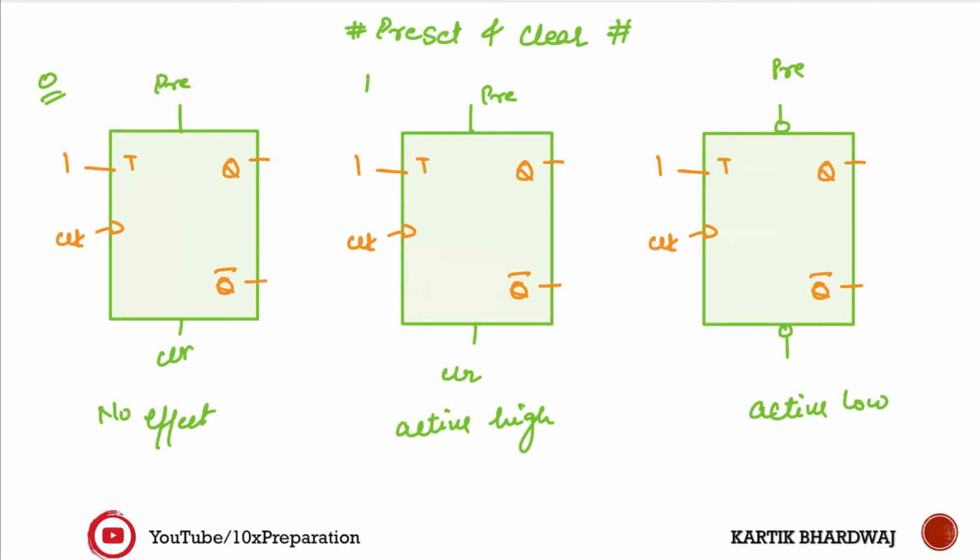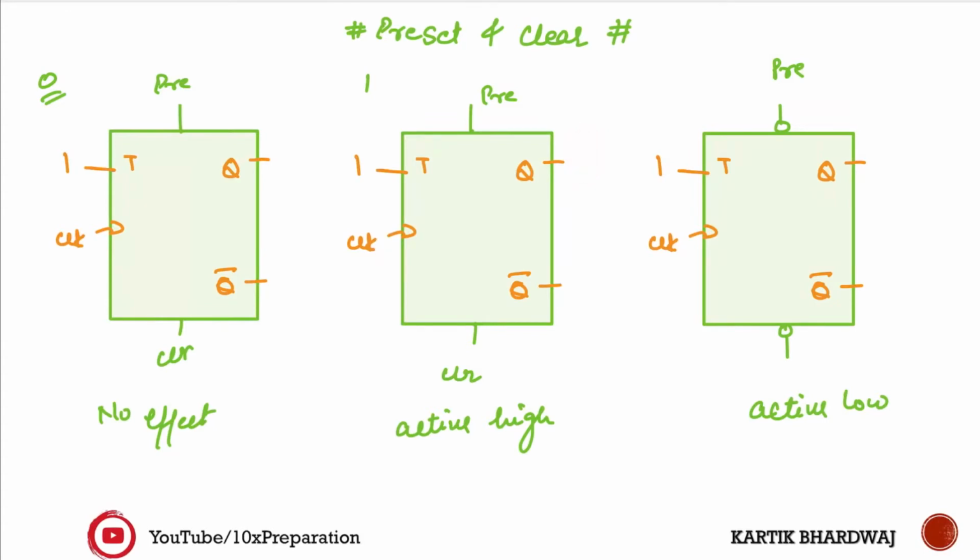Since this is high active, it activates when 1 is given as input. If you put 0, it has no effect, and the output stays constant. But if you give 1 in the preset, it is forcefully changed to 1, whether it was 0 or 1.